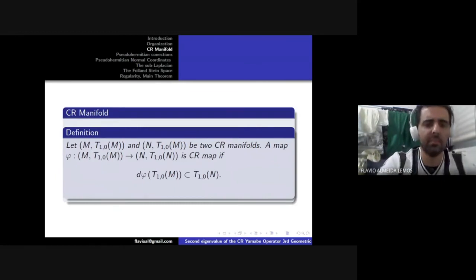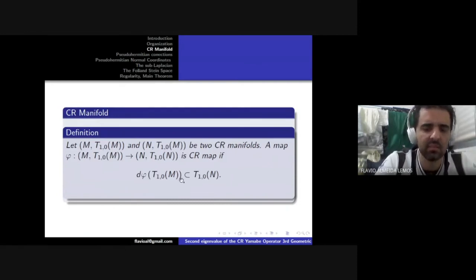A CR map is a map that preserves the CR structure; the CR structure here goes to the CR structure there, like this.